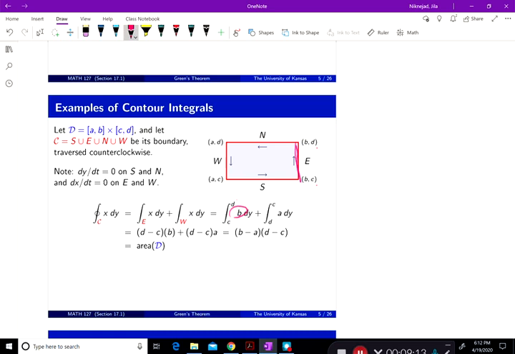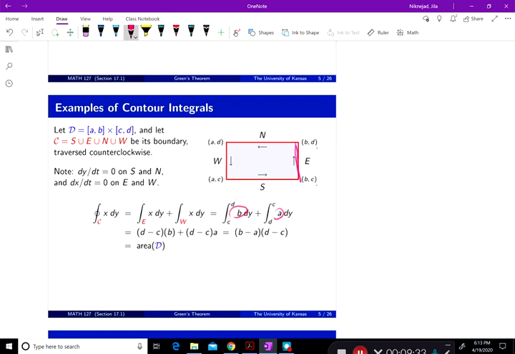On W, x is a, and y runs from d to c. Computing, for the first integral you get (d minus c) times b.